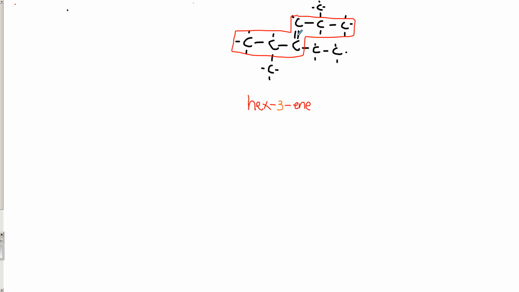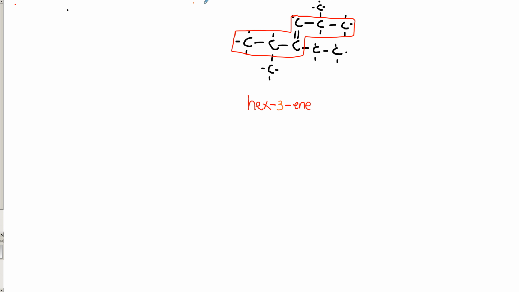Anyways, so on to the rest of this molecule. Since this is in the middle, it doesn't matter which way we count. The next thing we care about is to make sure that the branch numbers are the lowest. So let's just take a look at the branch numbers.